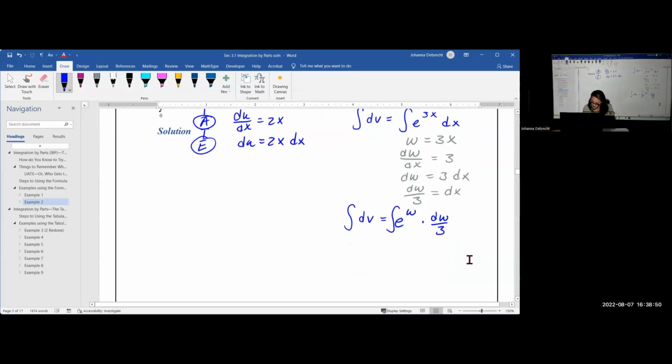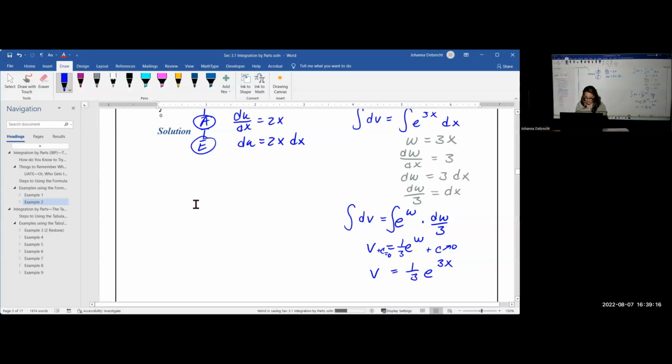So what does that give us? v plus a c, which we choose to be 0, equal to 1/3 e to the omega plus a constant which we choose to be 0, right? So basically we have v equal to 1/3 e to the 3x, going back to the original.